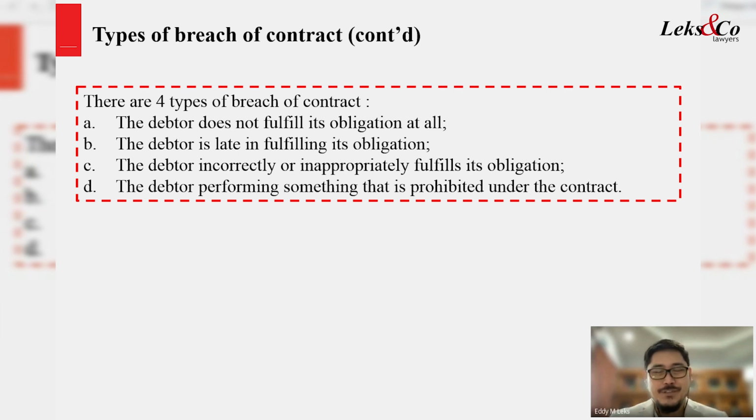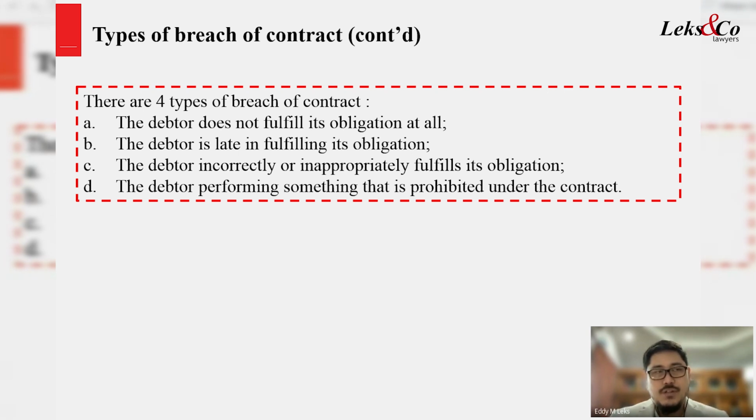This is where the debate comes in, because you said that you fulfill your obligation, that you have done your part, but actually you have not. Because there are perhaps some defects in your performance, or you have to do 10 items when you deliver something, but you only do 7 items, for example.